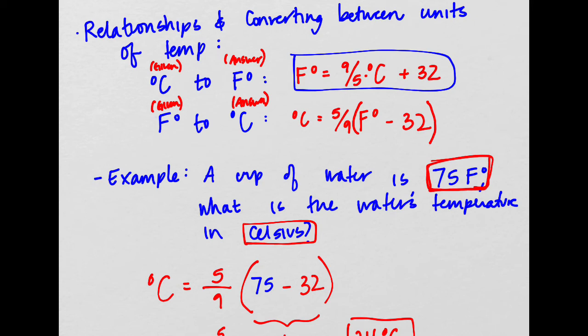And now we're going to look really quickly, before I end this lecture, at the relationship between Celsius and Kelvin. And it's way simpler. It's way easier than Fahrenheit and Celsius.